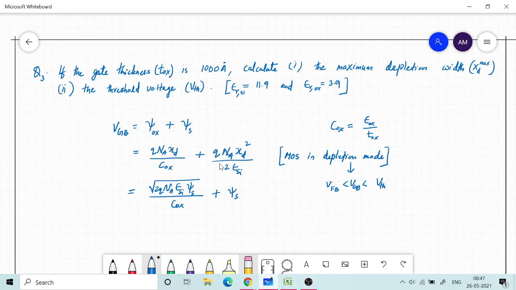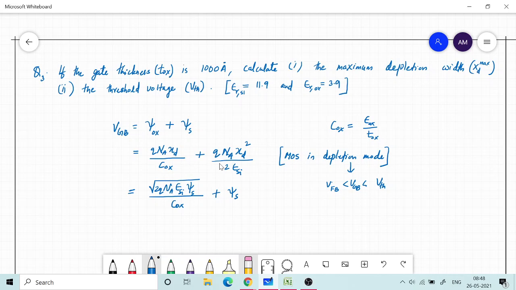Now here what is asked is to find the maximum depletion width. Maximum depletion width corresponds to the case where this relationship is applicable in the extreme. There are two extremes. One is XD equal to 0. If XD is equal to 0, then there will be no voltage drop.